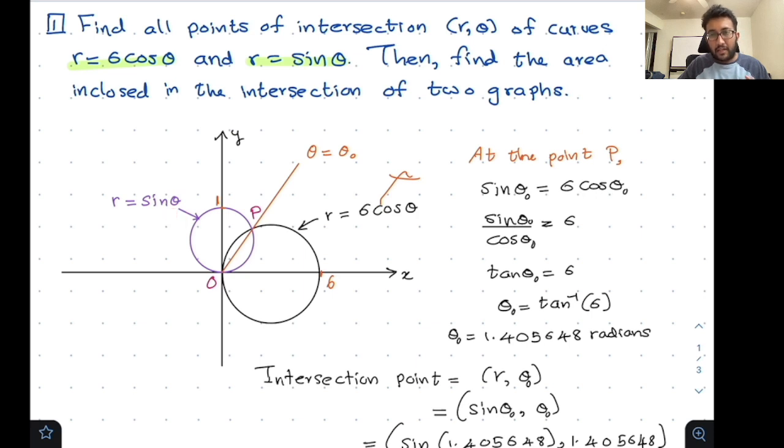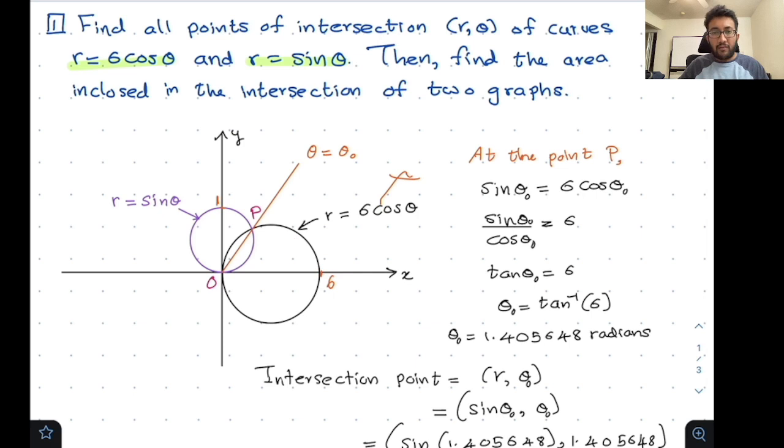That means at theta equals pi divided by 2, r equals 1 if you consider this curve. But if you consider r equals 6 cosine theta, then at theta equals 0, you get your maximum distance between origin and your point, right?